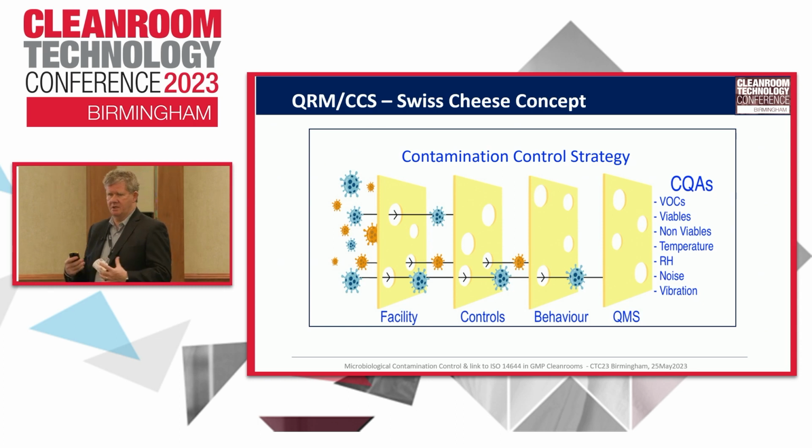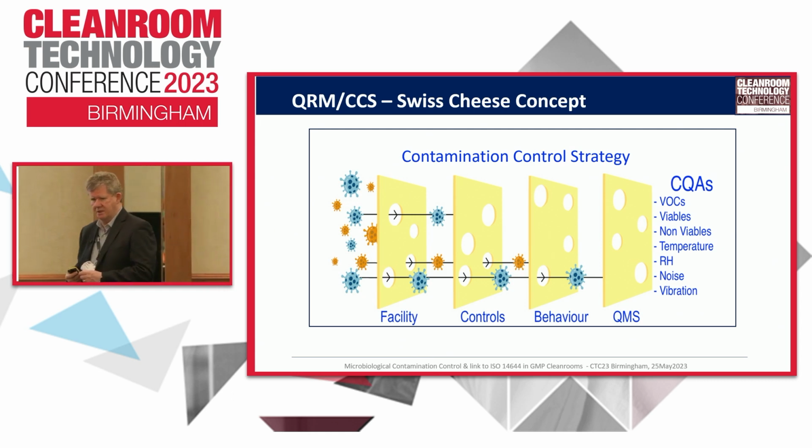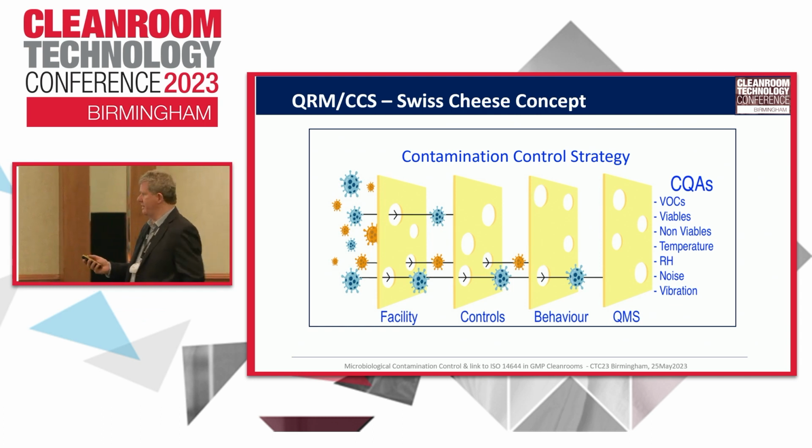It expects a number of measures that collectively together give you a contamination control strategy that protects product quality and patient safety and well-being. So I've listed them down there: the facility, the controls, the behaviors, the QMS. None of them are perfect. But when you put them all together, you're hoping that the holes don't join up and your critical quality attributes of the various items there are the ones that work for you. Okay, so that's another way of looking at that.